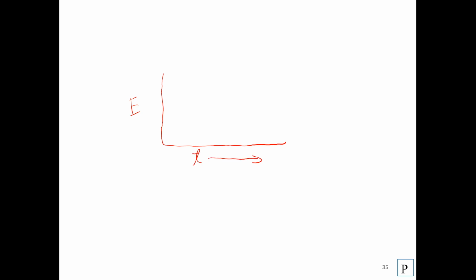The reaction proceeds this way, and we have reactants and products. Now this was an exothermic reaction. So what that means is the reactants start up here, we go up over the hill and down here. The reactants are up here, and the products are there.